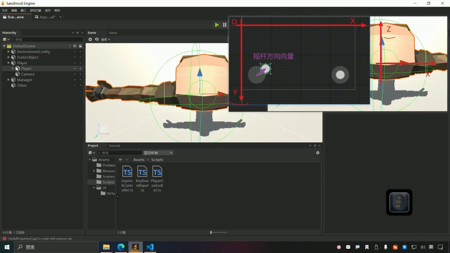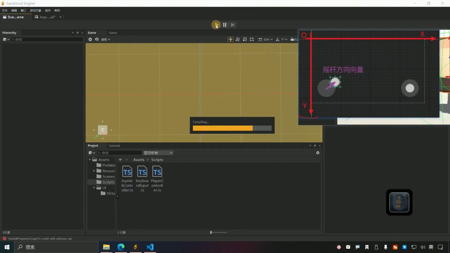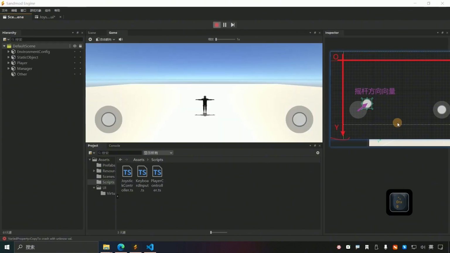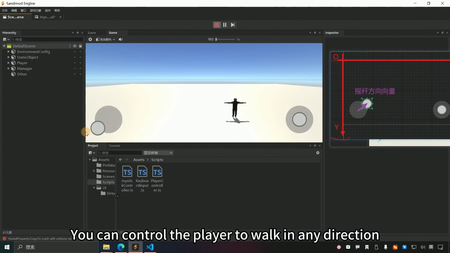Save. Run it. With the left joystick, you can control the player to walk in any direction.